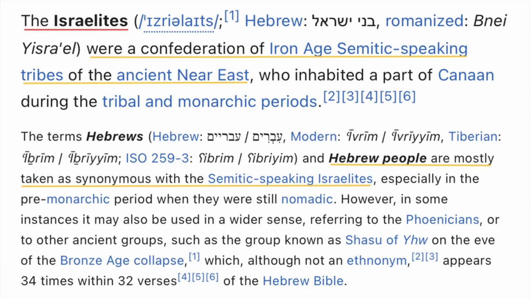Hebrew people are mostly taken as synonymous with the Semitic-speaking Israelites. So Hebrews and Israelites are one and the same. But to be more technical, not all Hebrews are Israelites, but all Israelites are Hebrews.